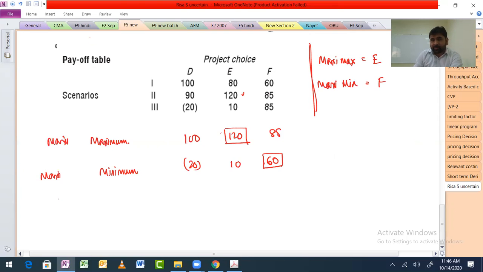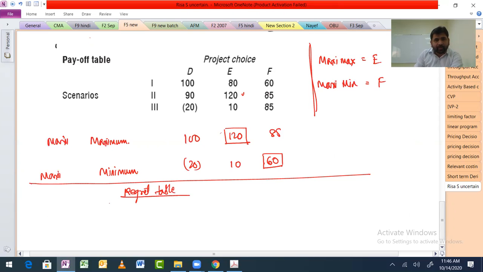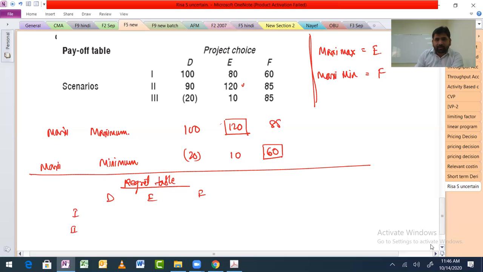Then the regret rule. For that you need the regret table. So let's make the regret table. It will be D, E, F, and scenario 1, scenario 2, and scenario 3.